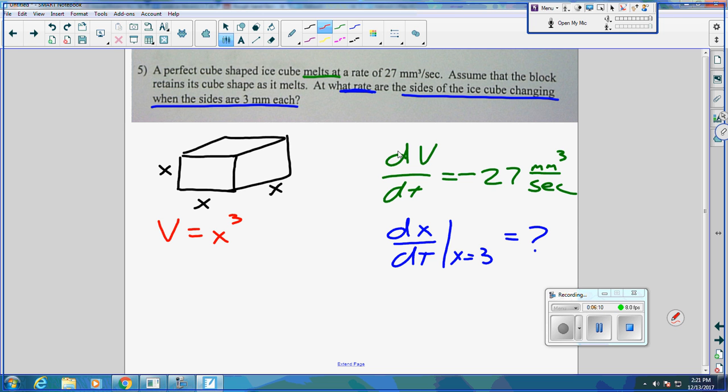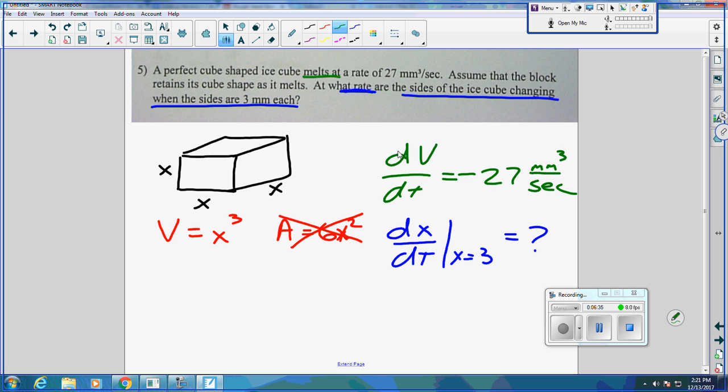Volume is x cubed. One of my favorite things is to relate volume and surface area. The surface area of the cube would be 6x squared, because the area of each face is x times x, and there are 6 faces. This time I don't need surface area, just a chance for us to talk about it.